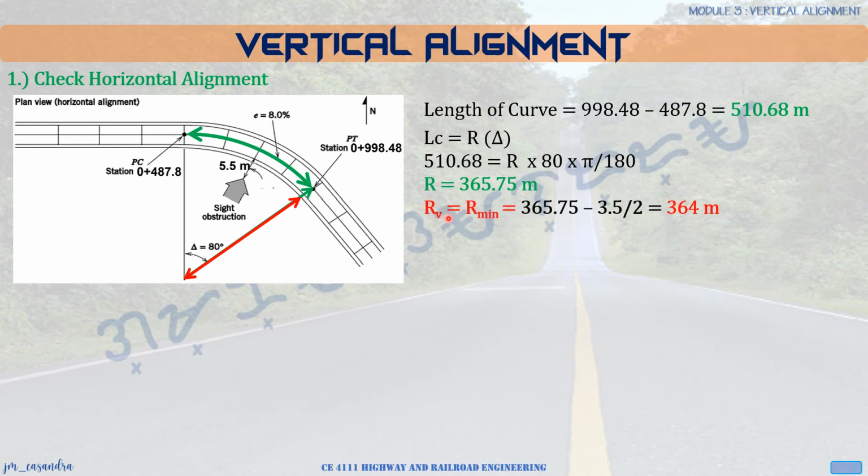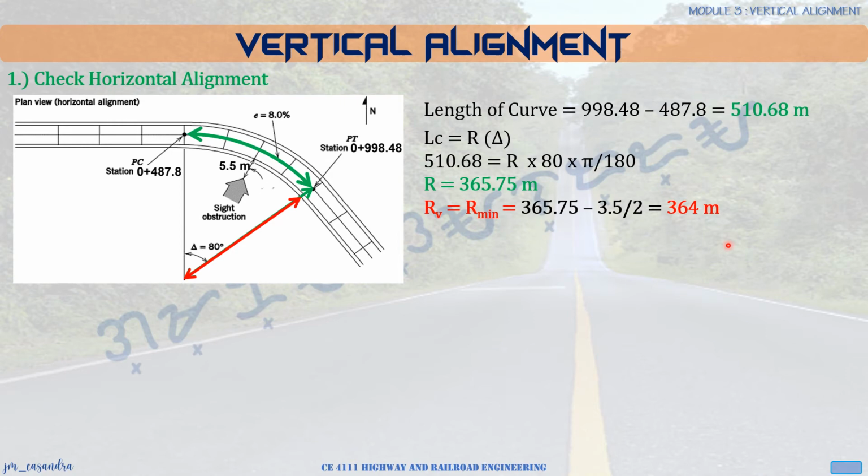So for that, our minimum radius will now be equivalent to our computed R minus 1/2 of our lane width, which will give us 363.998, or we can approximate it at 364 meters.